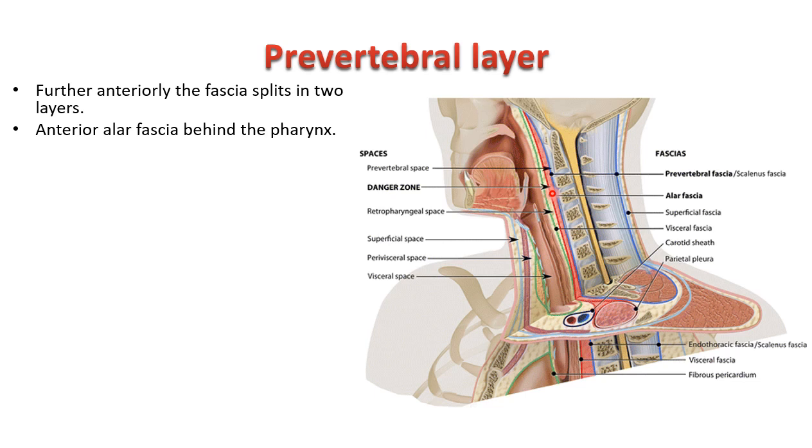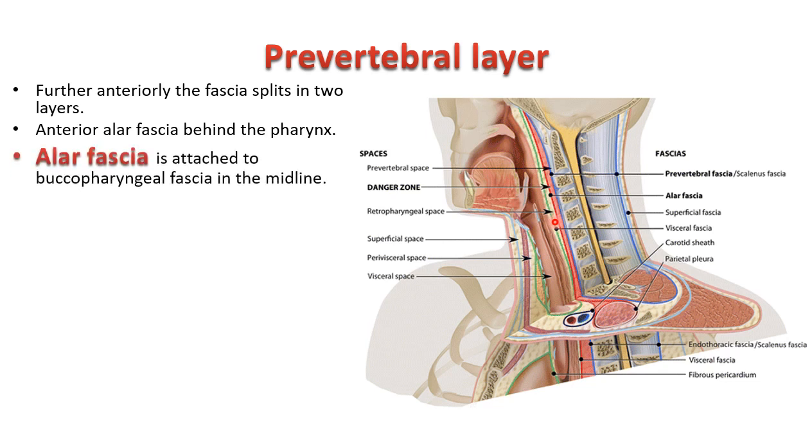Okay, and the pharynx is covered by a fascia called the buccopharyngeal fascia, and this alar fascia is attached to the buccopharyngeal fascia. You're able to see both of these have fused. The alar fascia attaches to the buccopharyngeal fascia in the midline. Okay, posterior to the pharynx, in the midline, it is fused.